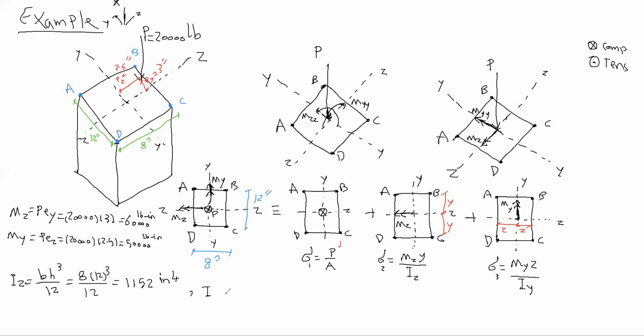What is IY? So here, HB cubed divided by 12, right? And for IY, H is 12, right? B is 8.